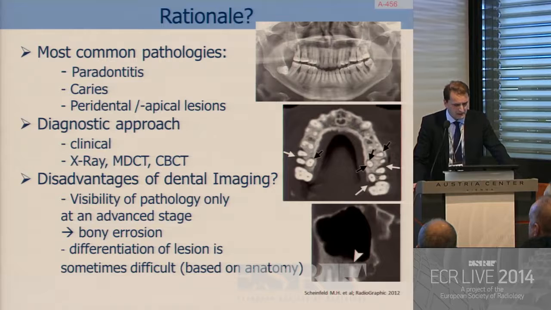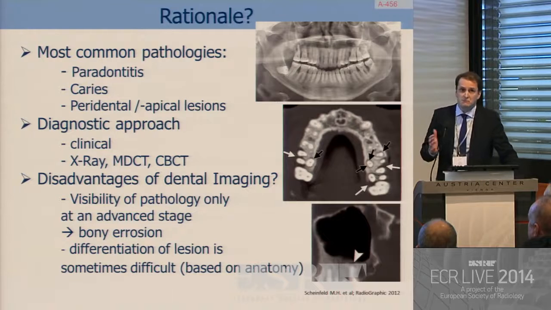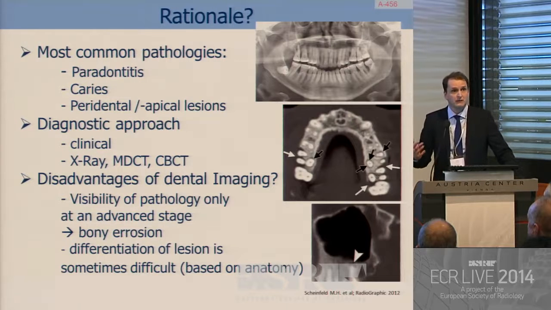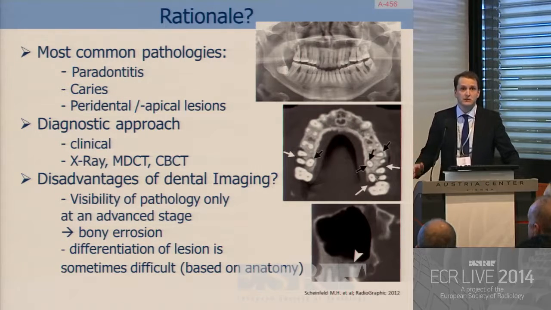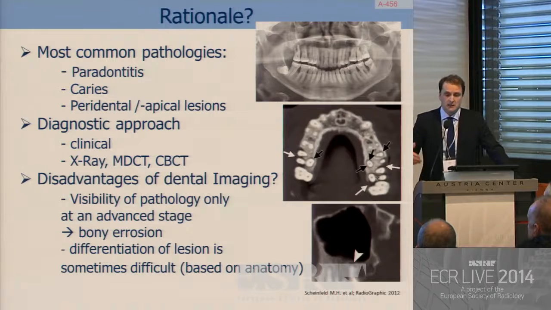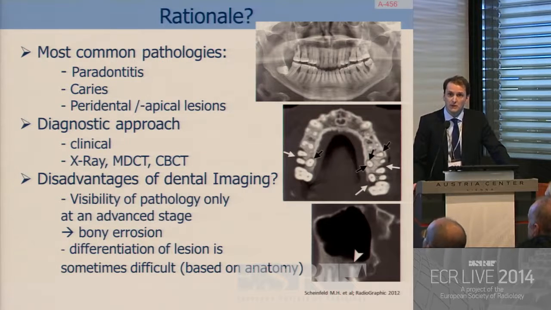So it might be rational to think about, if we have an inflammatory disease of the gingiva that in a secondary step will also affect the bone, that we can get an earlier diagnosis of the disease, if possible, with other techniques.